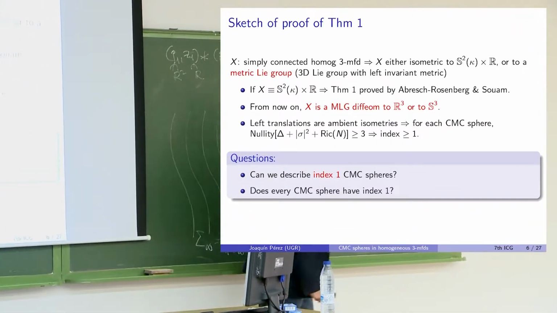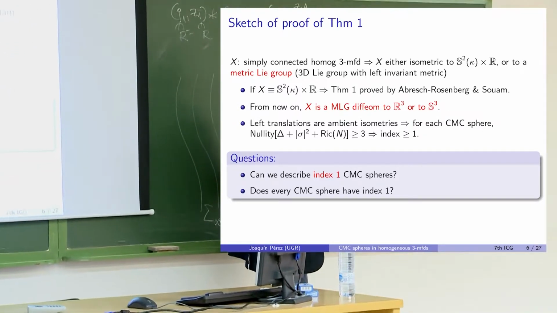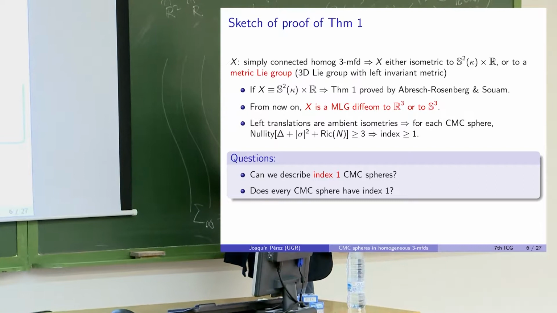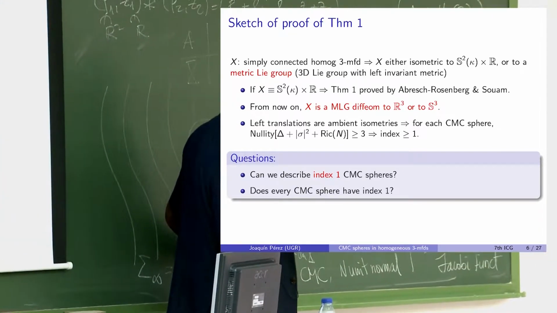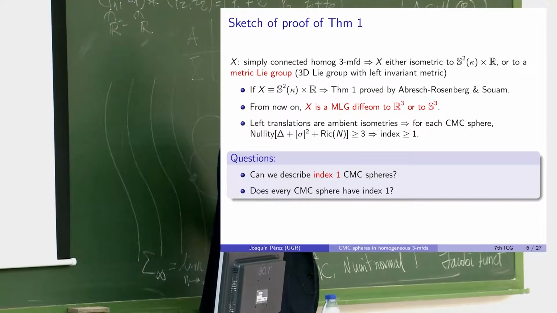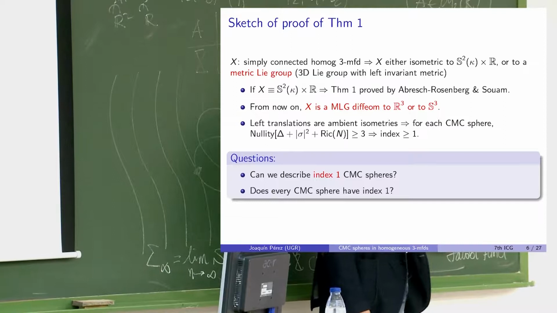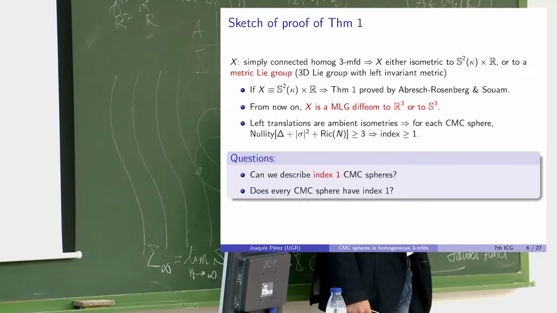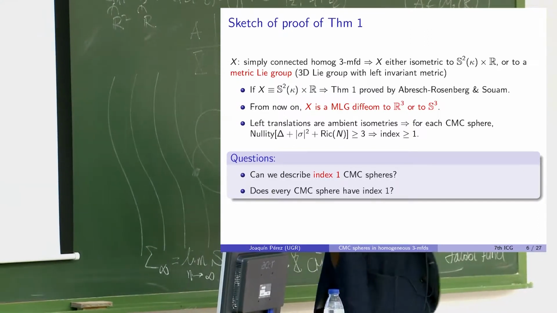If you have a right invariant vector field on X, that implies Killing, and you have a CMC surface with unit normal vector n, then the inner product of the vector field with n defines an element in the kernel of the Jacobi operator, which is called a Jacobi function.